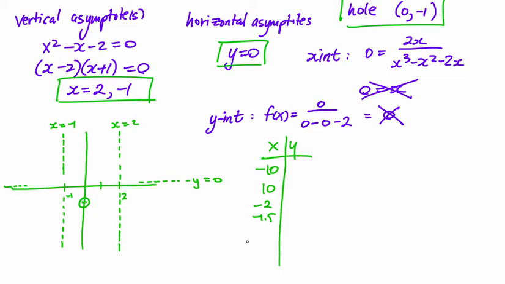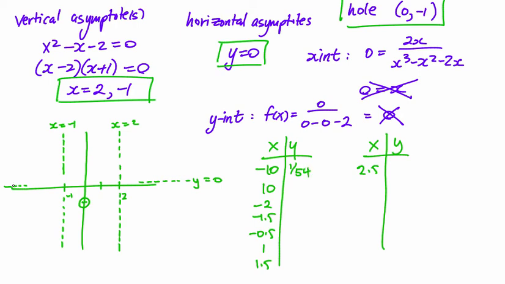We know negative 1 won't exist, but what does negative 0.5 do? What does 1 do? What does 1.5 do? And the other side of the asymptote, maybe what does 2.5 do? And I'll leave some room if we need some extra points. So by calculating these, and I put them back into the original equation, I get some values.